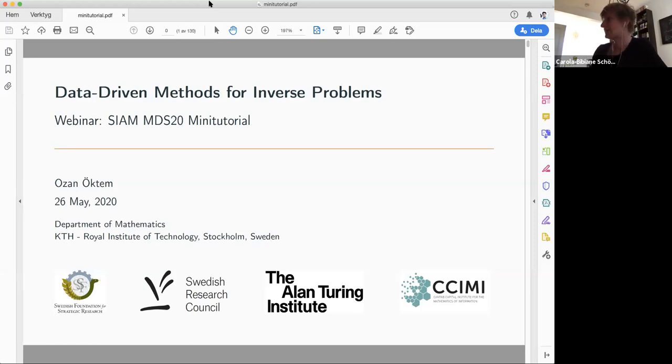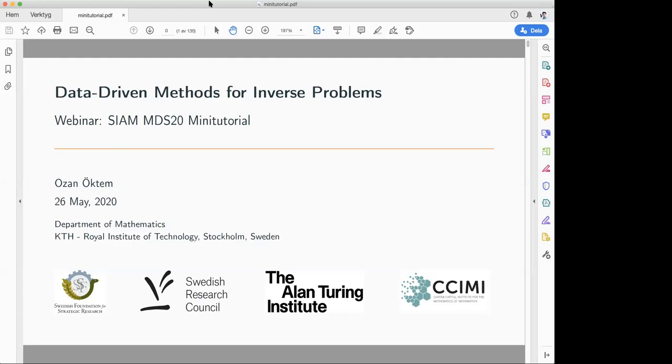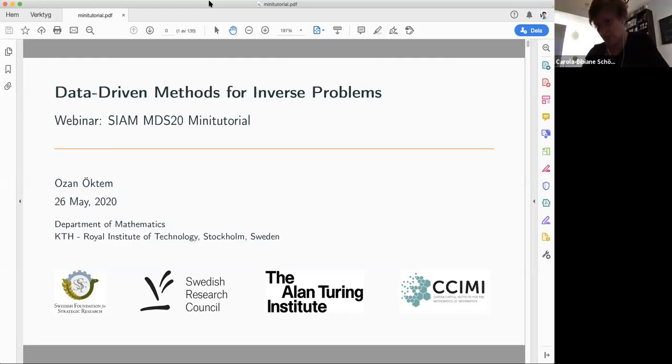So in the last, I would say 2 or 3 years, Ozan got more and more interested in developing machine learning, deep learning based solutions for solving inverse problems. So that's this data-driven methods for inverse problems title. And again, he has written some of the seminal papers in this quite young subfield of inverse problems that many people are at the moment expanding upon and investigating further.